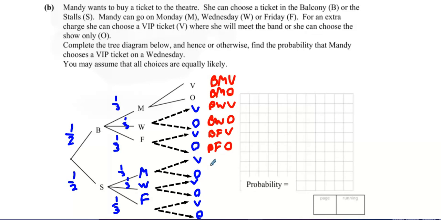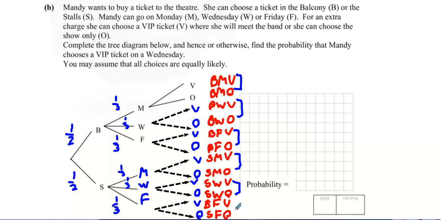There's stalls Monday VIP, stalls Monday show only, stalls Wednesday VIP, stalls Wednesday show only. Then there's stalls Friday VIP and stalls Friday show only. Now, how many different outcomes were there? There's 1, 2, 3, 4, 5, 6, 7, 8, 9, 10, 11, 12.